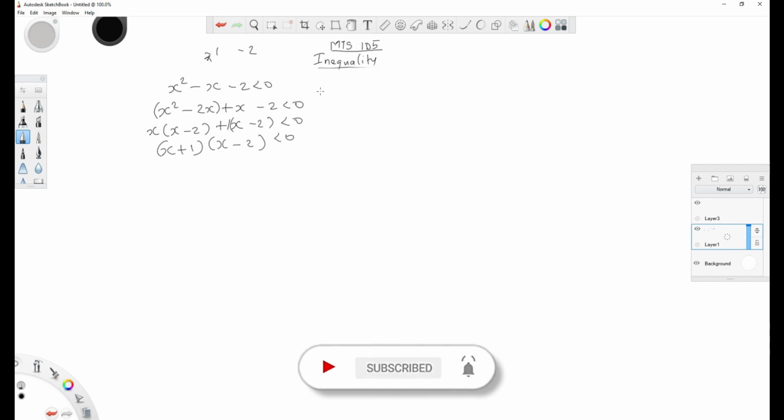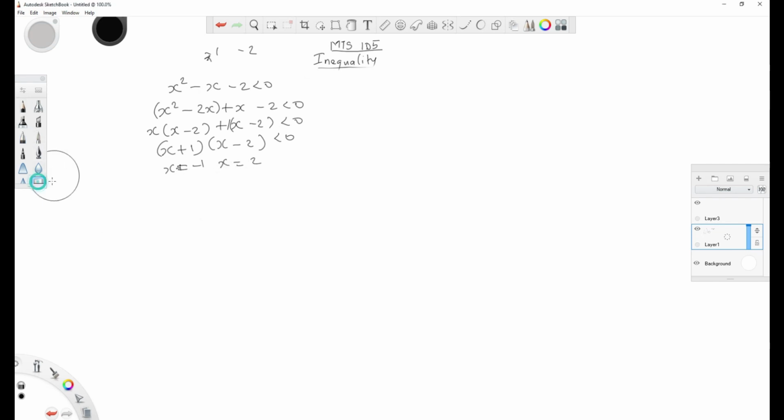Now, from this point, it is going to be very different from what you already know. Because if it is just a normal equation, you can just say x equals minus 1 and x equals 2, isn't it? And that's the answer. But it doesn't stop just like that for inequalities.